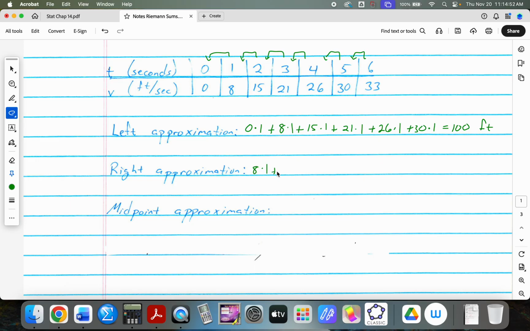So it'd be 8 times 1. And on the next subinterval, we'll use 15 for the velocity the whole time. Then 21 for the whole time. 26 for the whole time. 30 for the whole time. And 33 for the whole time, which comes out to be 133 feet.